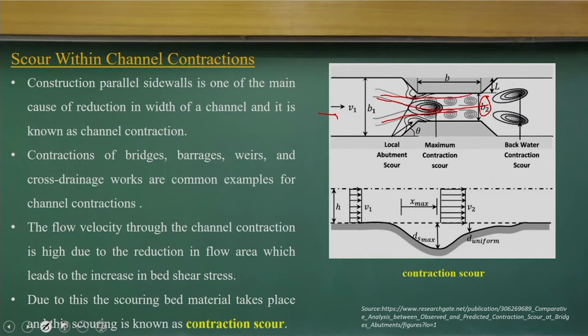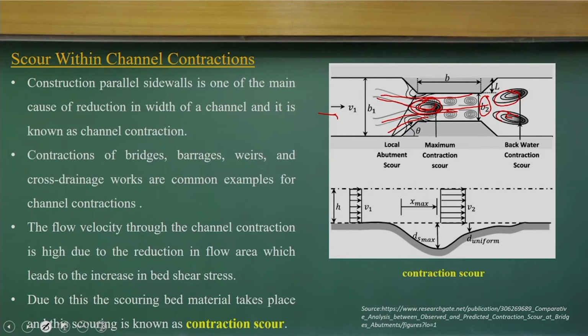There will be an accelerated zone, scour hole formation here, backwater scour will be there, and there is a vortex presence. The maximum scour will happen at these points, and there will be backwater scour.